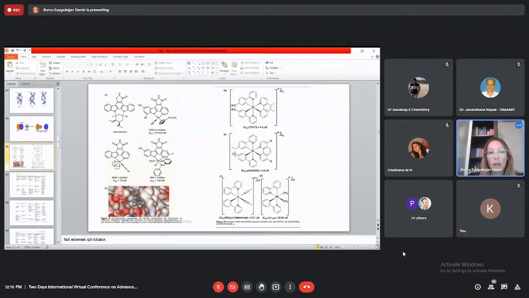These are some examples. There are many drug candidates discovered for cancer treatment in the literature. For example, PAK1 inhibitor, this is ruthenium complexes.